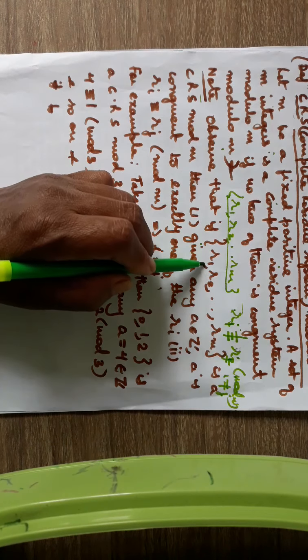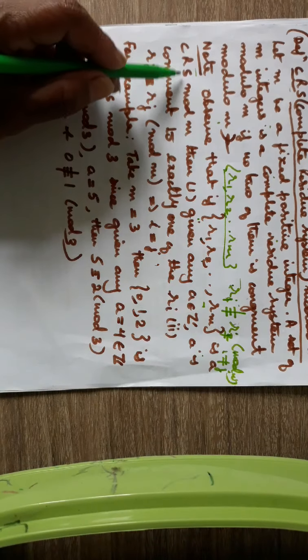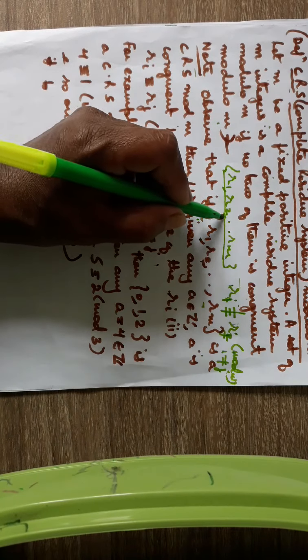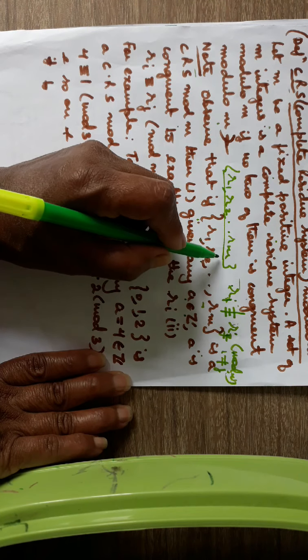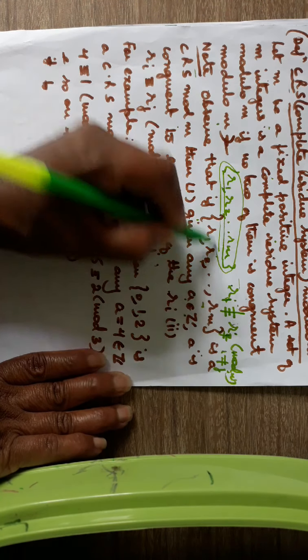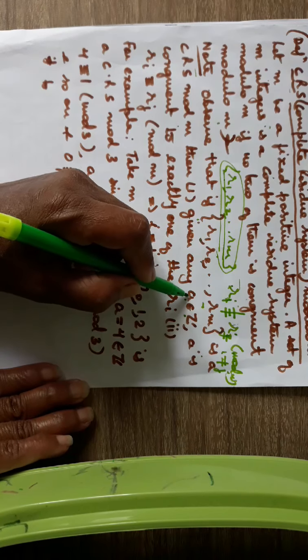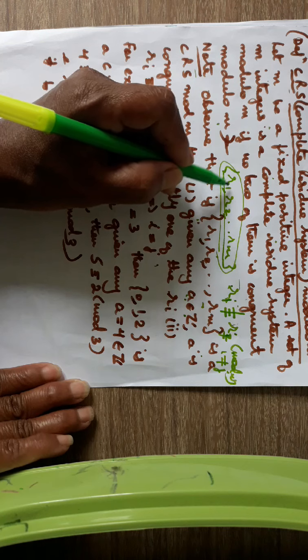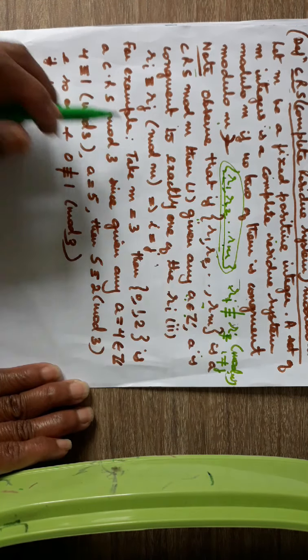Observe that if R1, R2, up to Rm is a complete residue system modulo m, then given any a belonging to the set of integers, that a will be congruent to exactly one of this CRS, complete residue system modulo m. Why? Because whatever a you take, it must be congruent to exactly one of these, either R1, R2, or Rm.